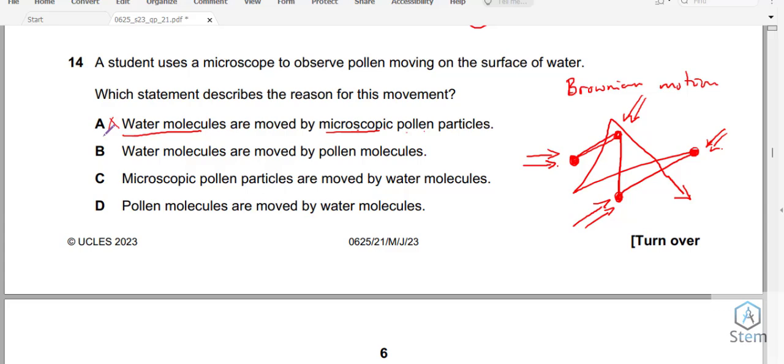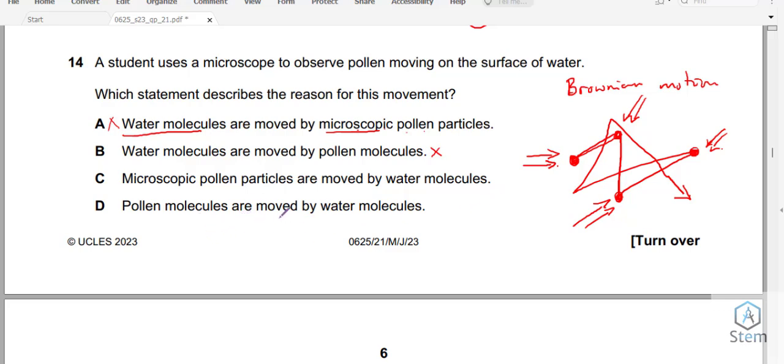Water molecules are moved by pollen molecules. It's actually the other way around. Microscopic pollen particles are moved by water molecules. Okay, this is true. The pollen particles are being moved by water molecules.